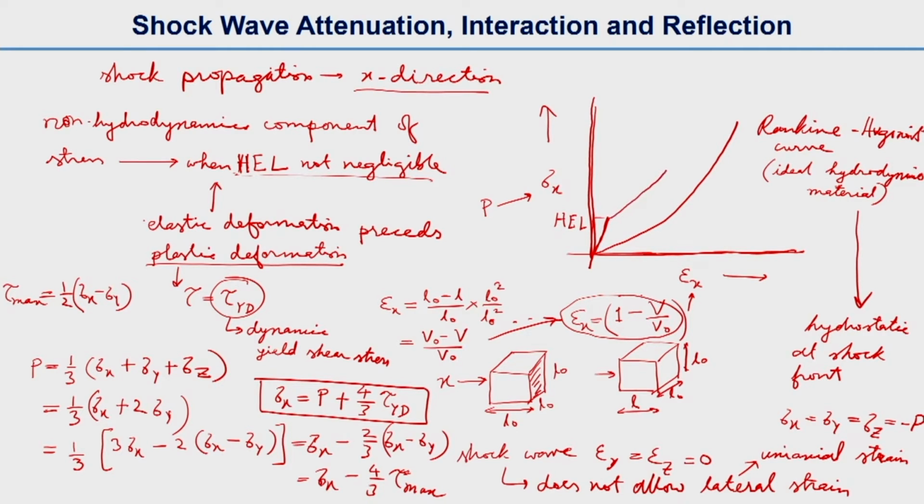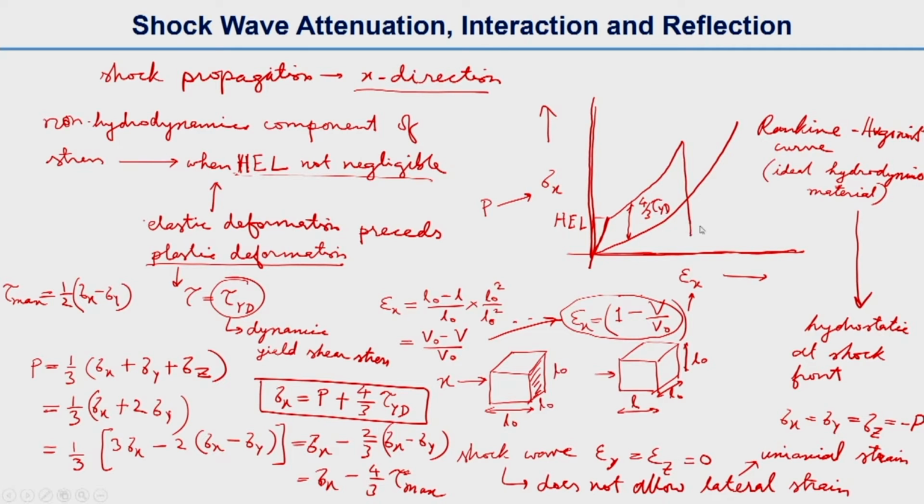So after elastic deformation we have plastic deformation, and if you measure this, you understood that the pressure will be equal to 4/3 tau yd. And if you want to draw the unloading curve, it will look something like this.